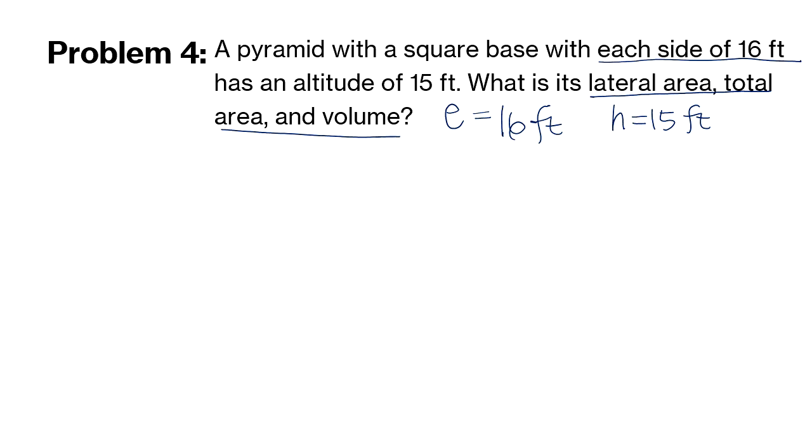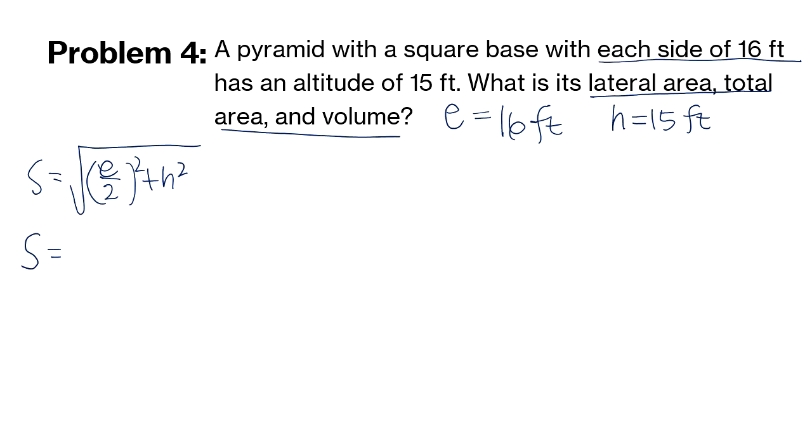Again, since there is no given slant height, let us first solve for the slant height. So for square pyramids, slant height is equal to the square root of edge over 2 squared plus height squared. So take note, all the slant heights of a square pyramid are equal because a square pyramid is a regular pyramid.